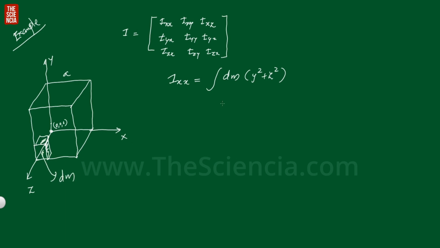What will be the dm of a cube? Here you can see this is dx, here it is dy, and dz. So the dm will be equal to the integral of rho dx dy dz times (y square plus z square).